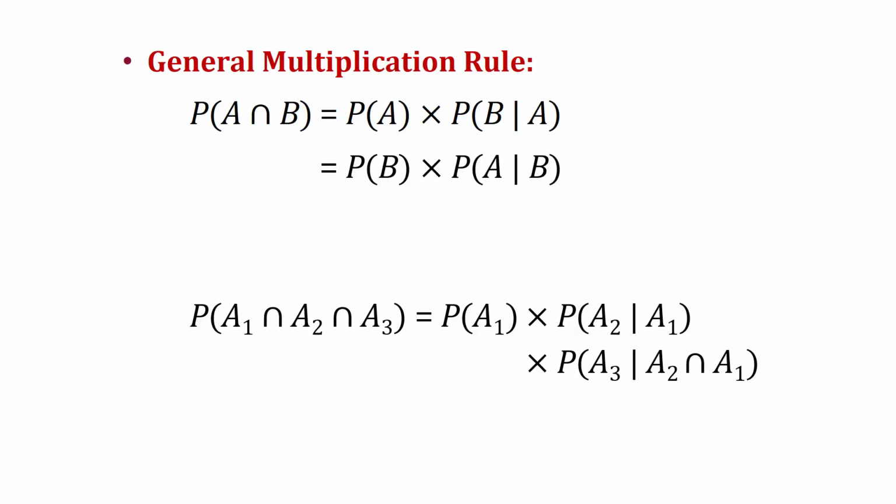So I look at the probability A1 happens, then probability of A2 given A1, and then the probability of A3 given A1 and A2. So I'm kind of building this up sequentially, and this works for more than three events. It works for 4 or 5 or 6, but in this class we generally don't go beyond 3. And oftentimes we'll just be using it in the 2 event case.